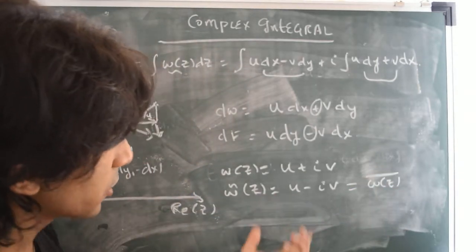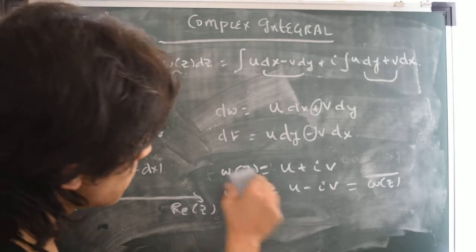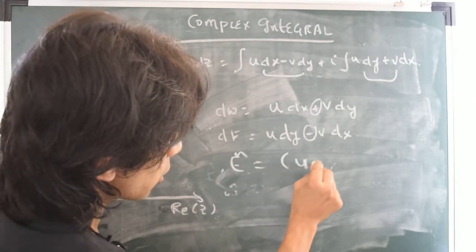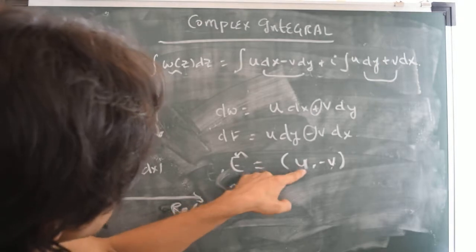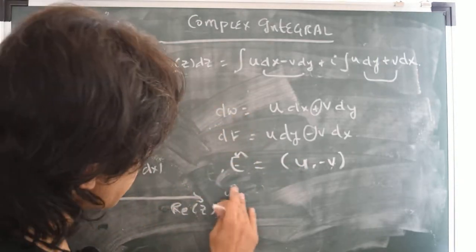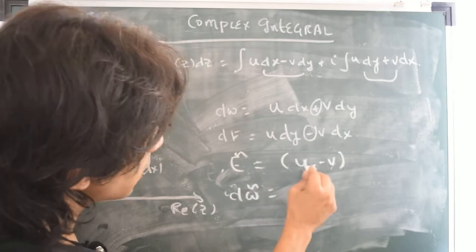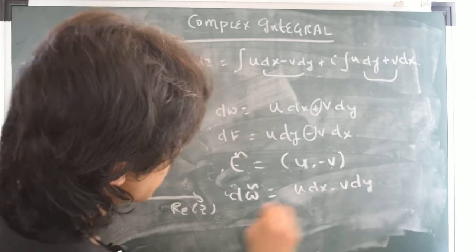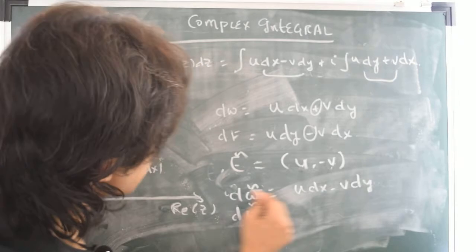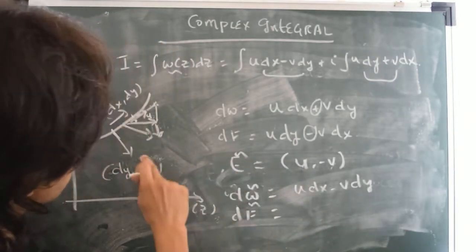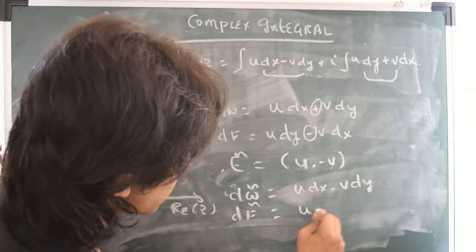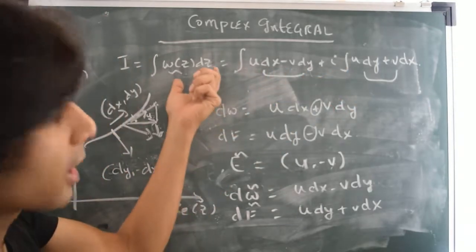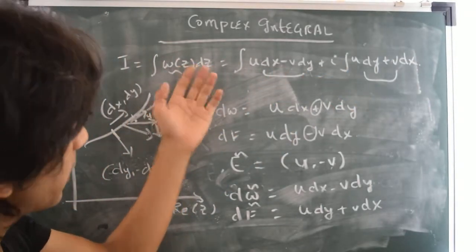So if we define a vector field associated with the conjugate, u minus iv, the corresponding vector field will have components u comma minus v, and then the work done by this vector field along the direction dx comma dy will be u comma minus v dot dx dy, which is u dx minus v dy, and the flux will be the projection of this vector field along the normal to the curve, which is u dy plus v dx.